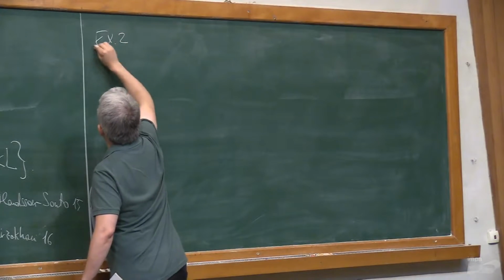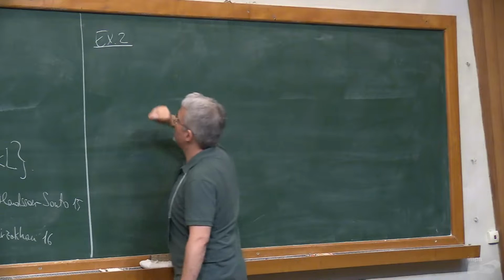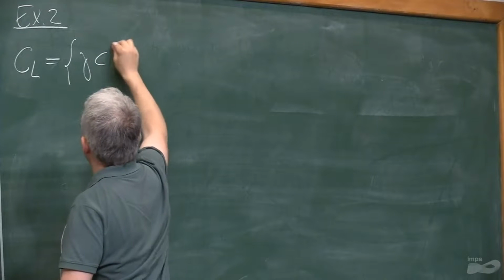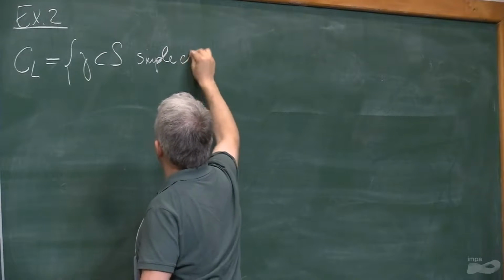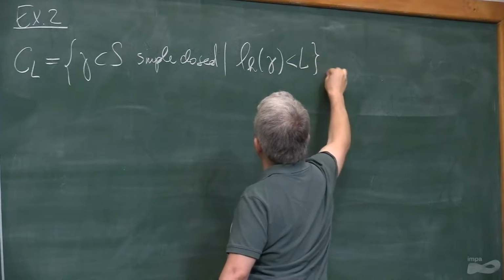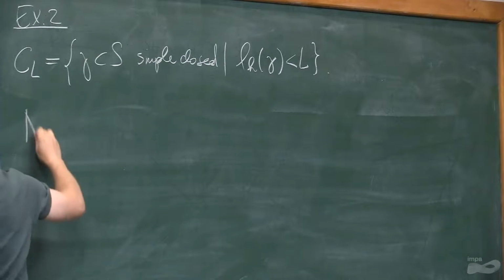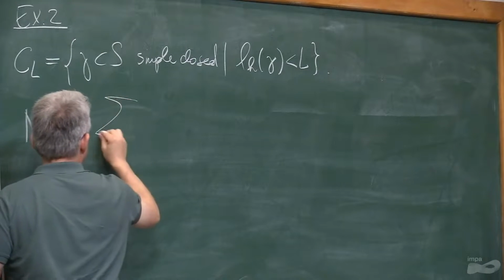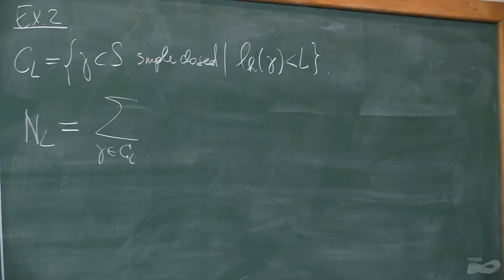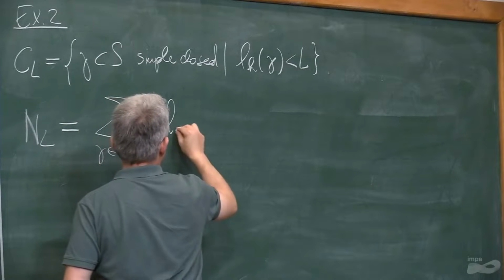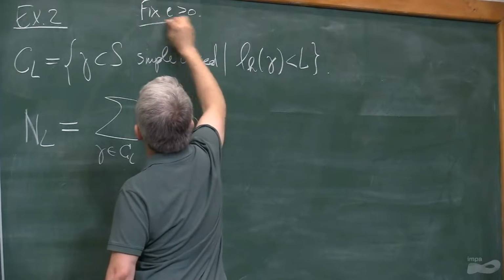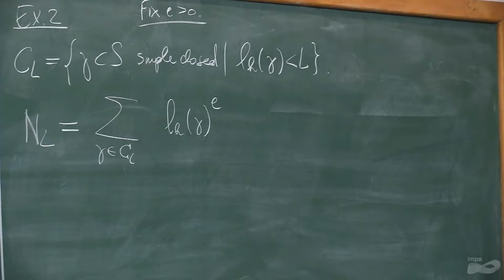So let me call it example 2. We take, again, simple closed curves of length at most L, but we don't want just to count them. We want to take the sum over all such simple closed curves of something which is not just counting, but is, for example, a power of their length. So I want to count with weights.